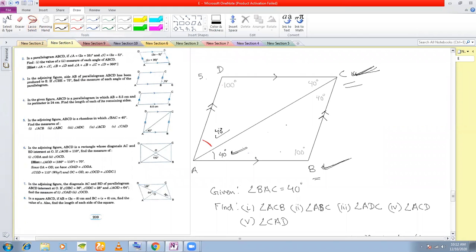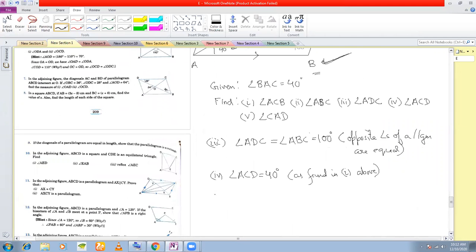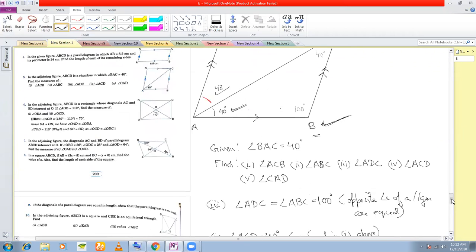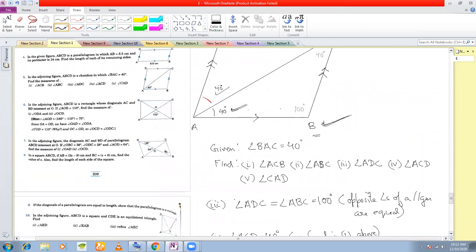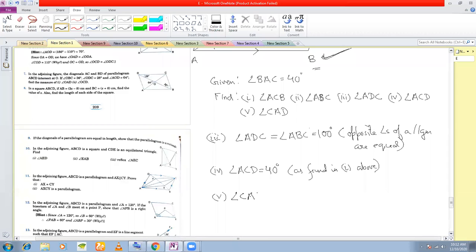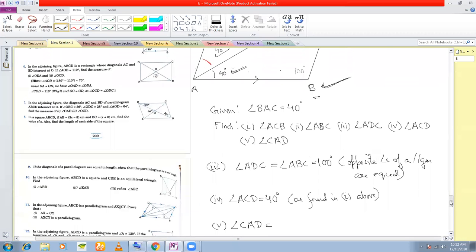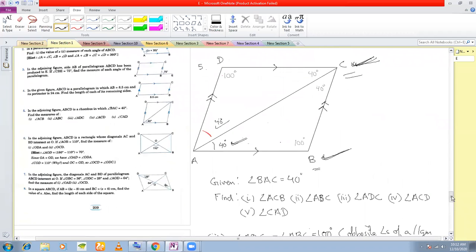So let's write it down. Angle CAD is equal to angle BAC.